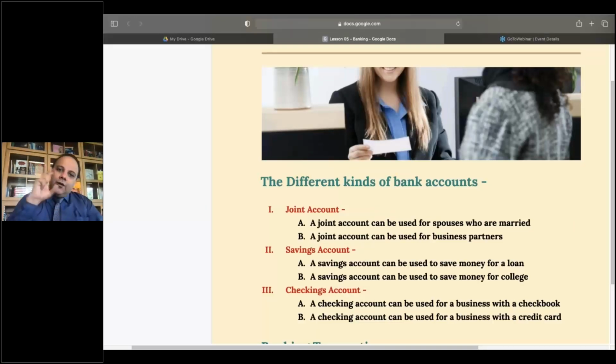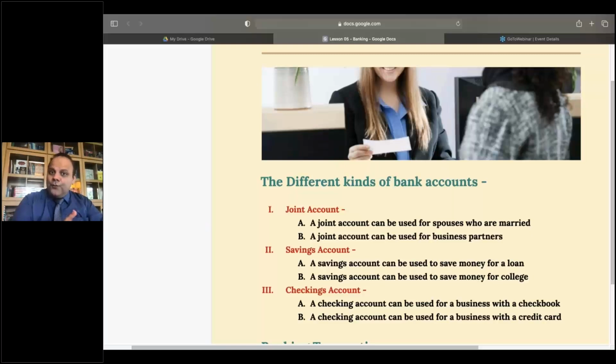A joint account is used for spouses who are married, or a joint account can be used for business partners. So two business partners who have the same company can have the same account with two signatures. So that's what we call a joint account.